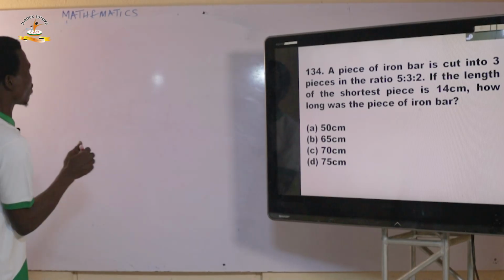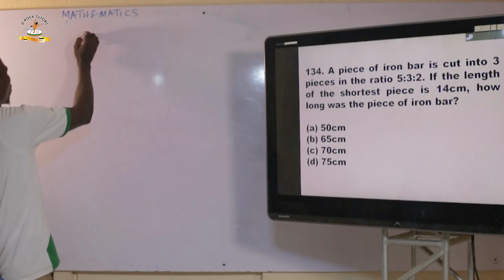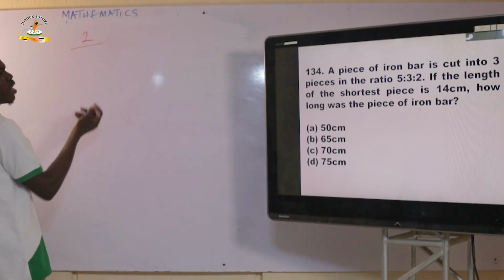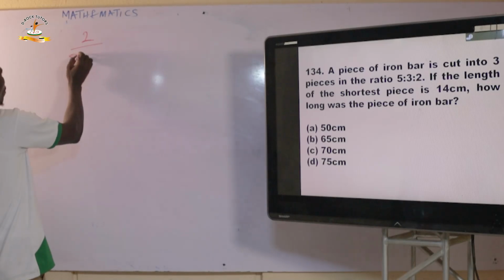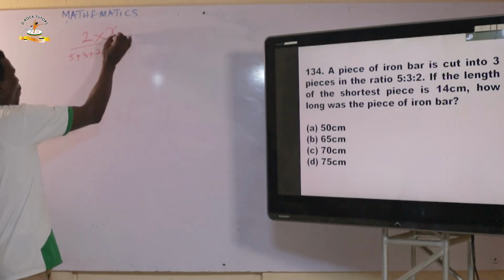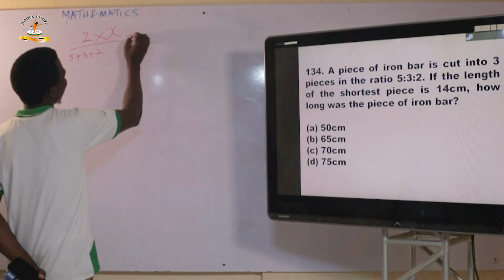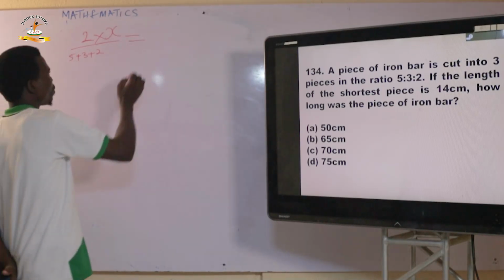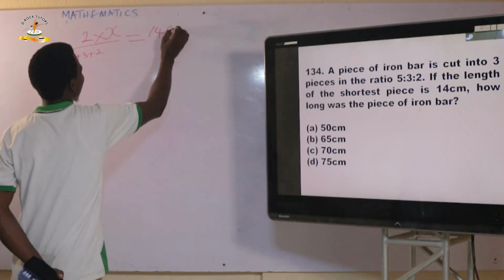The length of the shortest is the one that carries ratio 2 over the total ratio, which is 5 plus 3 plus 2, times the total length of the bar, which we can call x, giving you 14 centimeters.